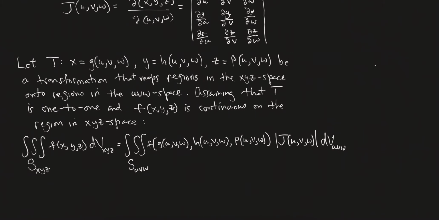This is the theorem that tells us how to utilize this transformation in 3D. So there are our equations, and it's saying some things about the transformation. Again, it's going to convert solids or regions in x, y, z to solids and regions in u, v, w.